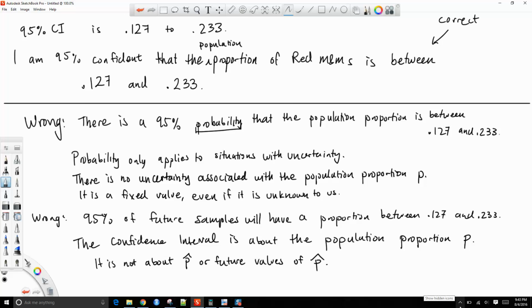P hat, we should know precisely, because it's coming from your sample, and you have that data exactly.